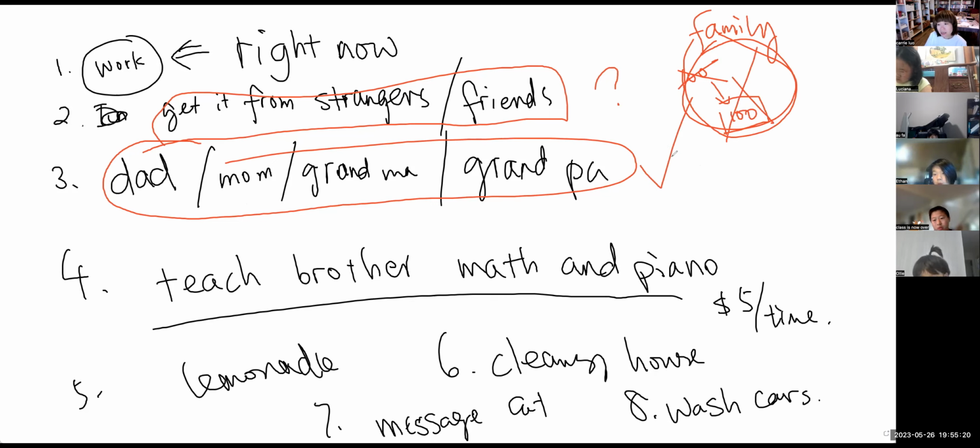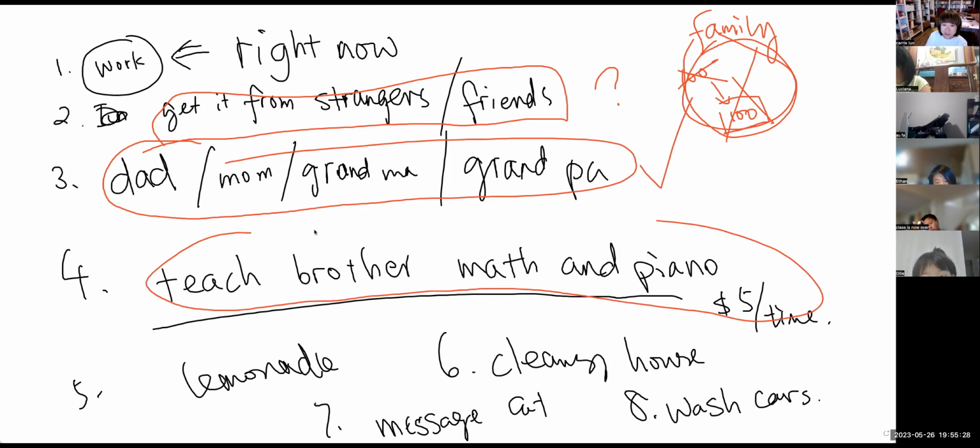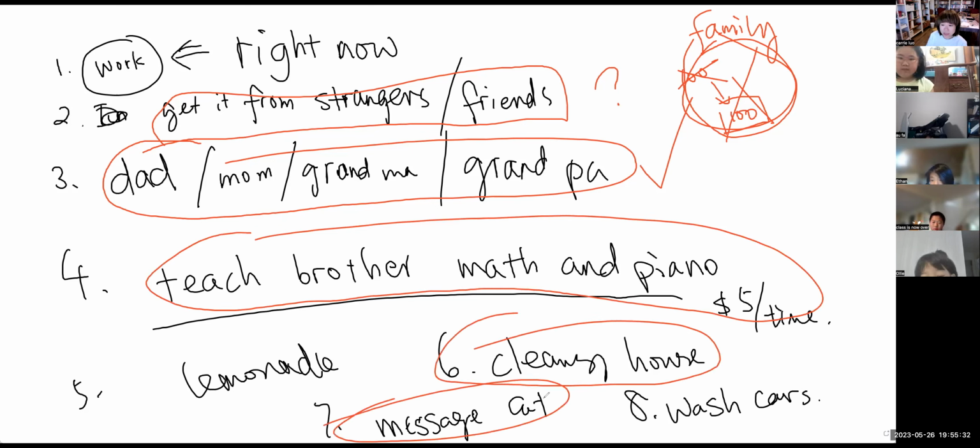So basically, it is a working method, but technically it's not producing any money. The same goes for teaching brother, cleaning house, massaging the cat and washing cars. You're basically getting money from your parents and putting it in your pockets.